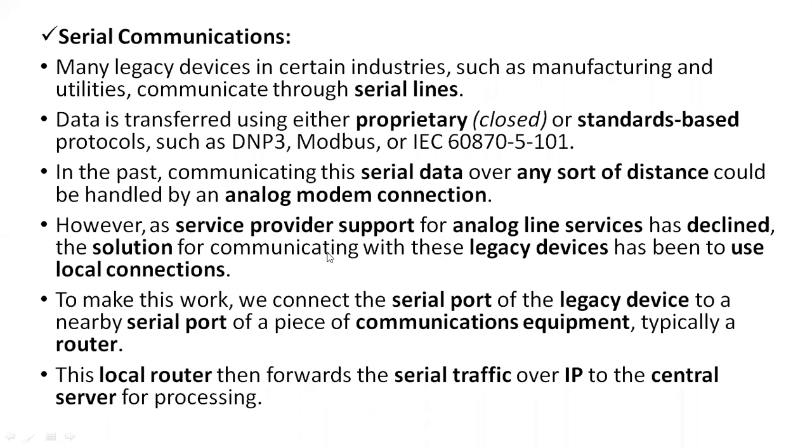That connection is what we call a global connection. But the service providers stopped providing this type of service or facility. Then what is the solution now? Now we should communicate with local connections. That is the solution here.